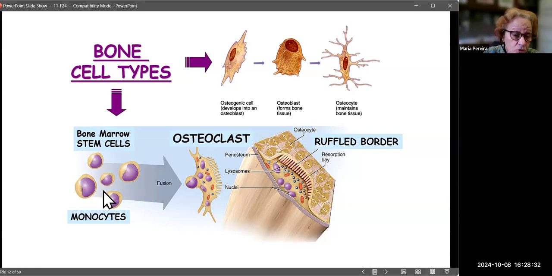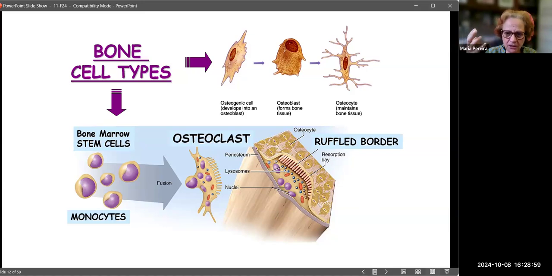So we could consider them a type of white blood cells that has differentiated into bone cells. So these are the osteoclasts. And this area that has this projection is known as the ruffled border. So here you have a release of enzymes that chew up the bone matrix to release calcium.